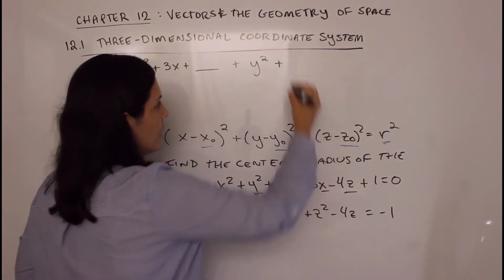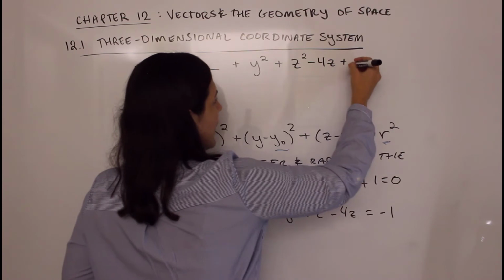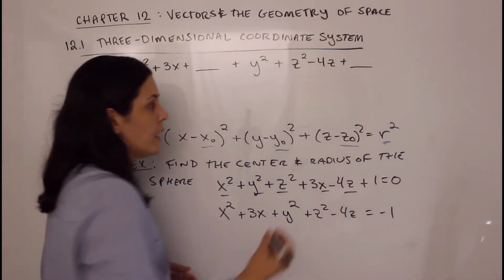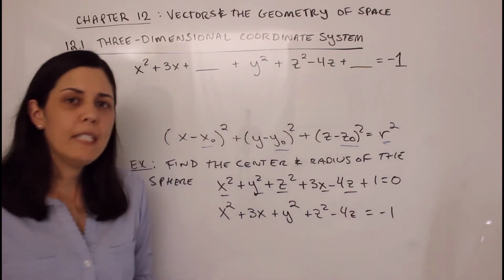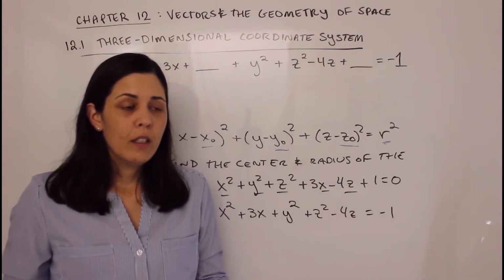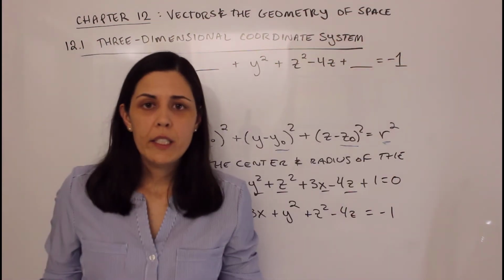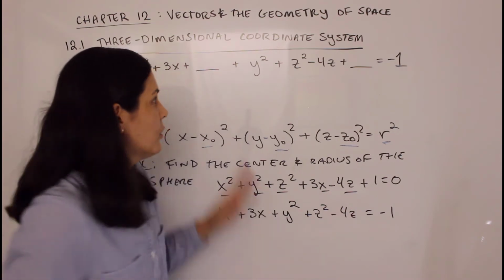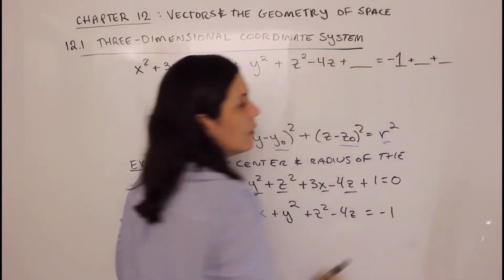Then the z's, I have a z squared minus 4z, and I have to add the missing piece for z. Okay, now think about it. Can you just add anything you want to an equation and it stays the same? No, unless you add it to both sides of the equal sign.